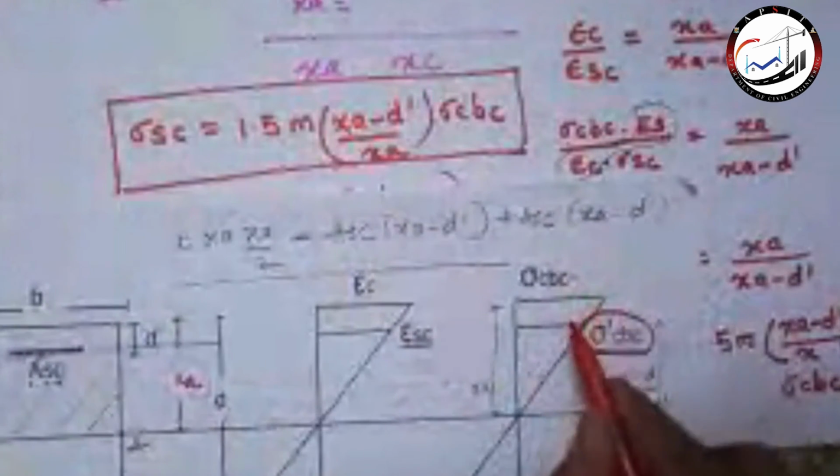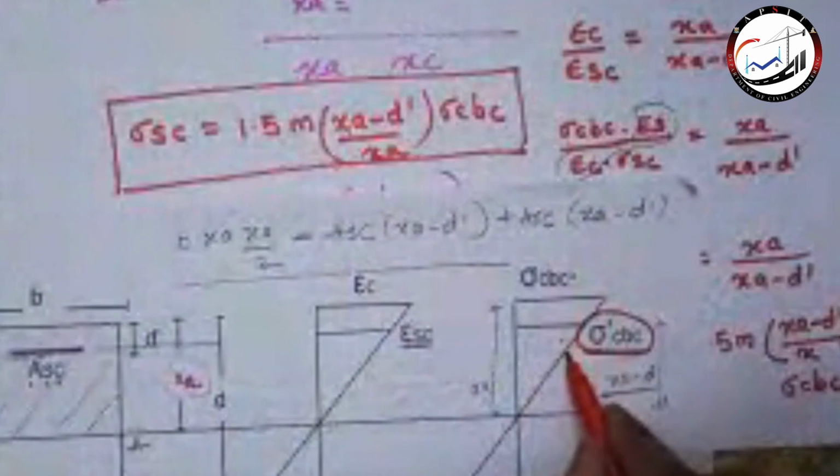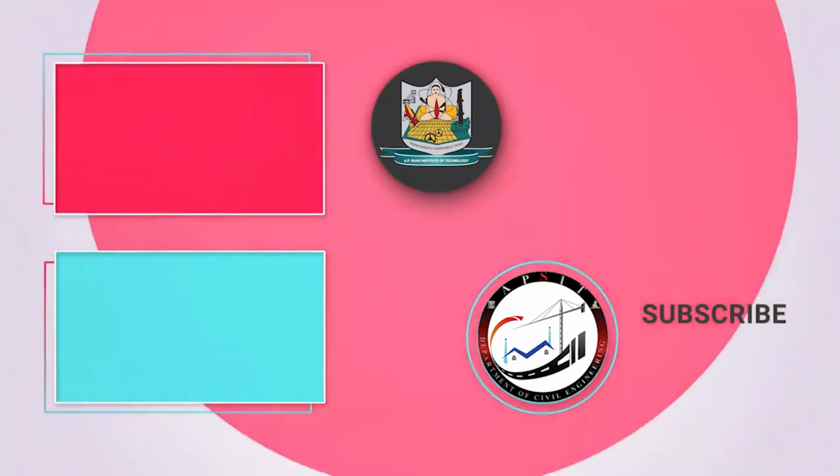It is again comparing these two stresses which are developed in the concrete as well as the steel. So sigma dash CBC is XA minus D dash upon XA into sigma CBC. Even if you compare the diagrams and write the similarity of triangles, you will get this.